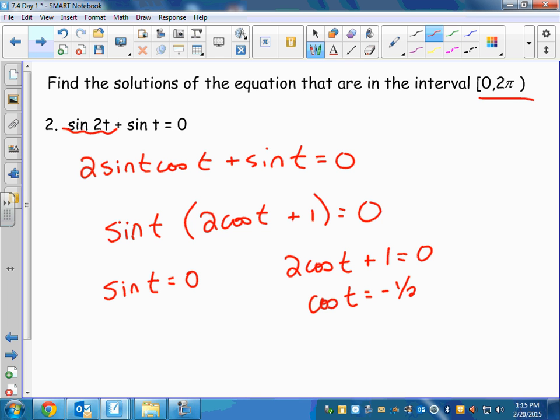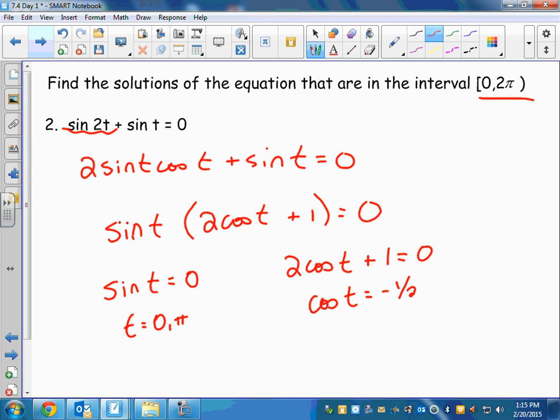And then once again we go back to our unit circle or our special angles that you have to know, where do these functions equal these values. So sine is the y value, so what values have a sine of 0? 0 and pi.